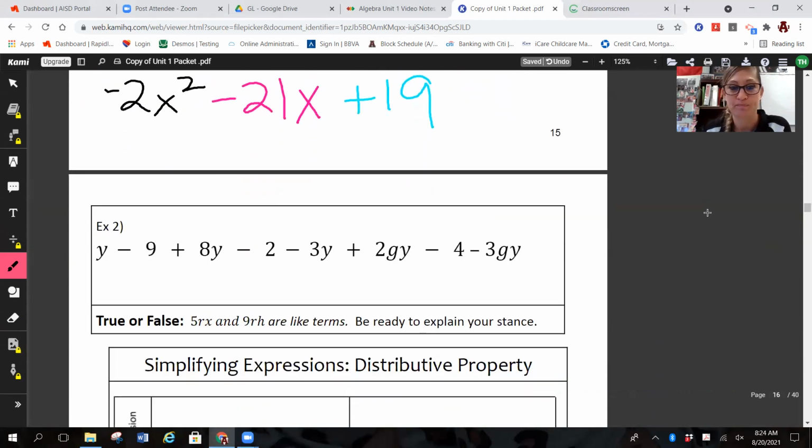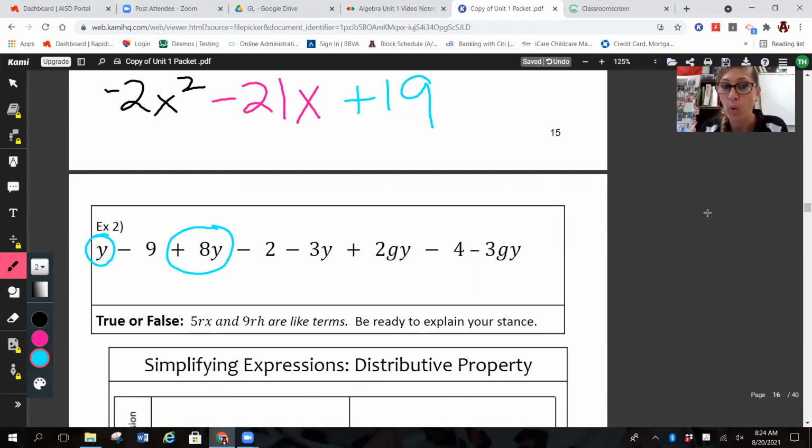Let's do example 2. This example 2 has some constants, some y terms, and gy terms. All you have to do is put the like terms together. So the first thing that I see is a y. That's really 1y. They just don't have the 1 in front of the y.